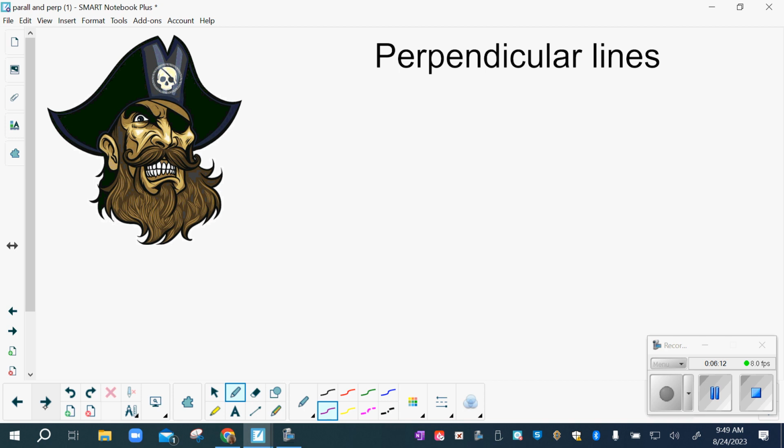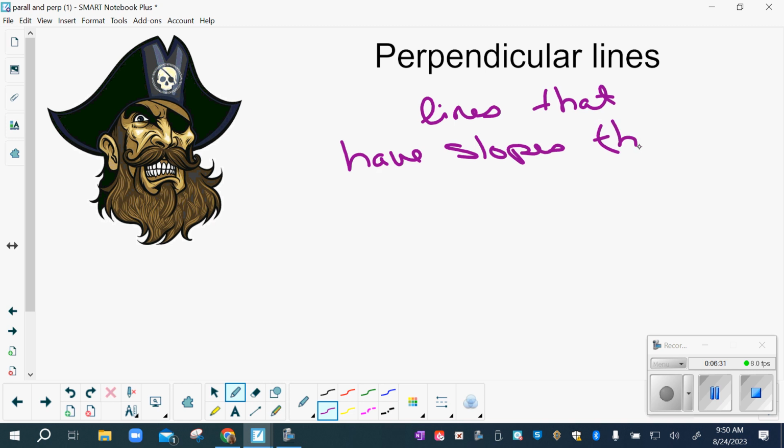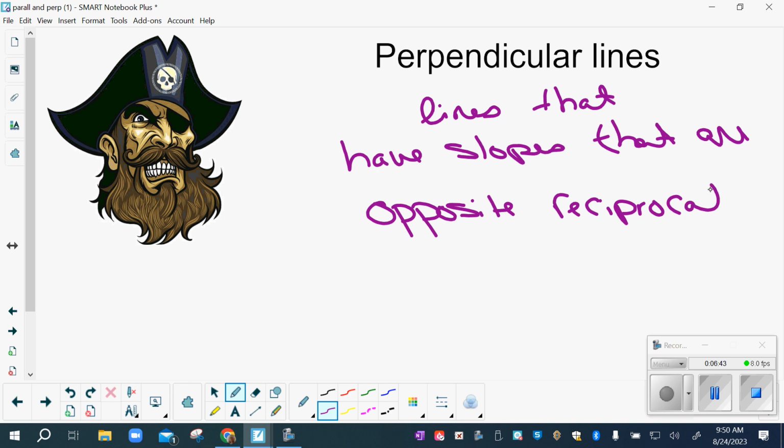So here we go. Perpendicular lines. Okay, this is really important.